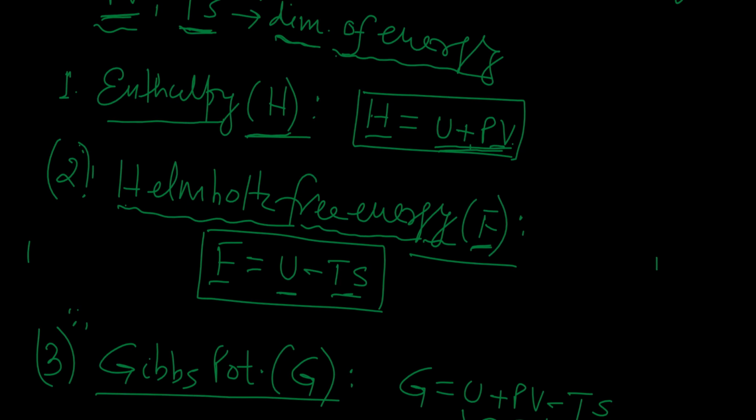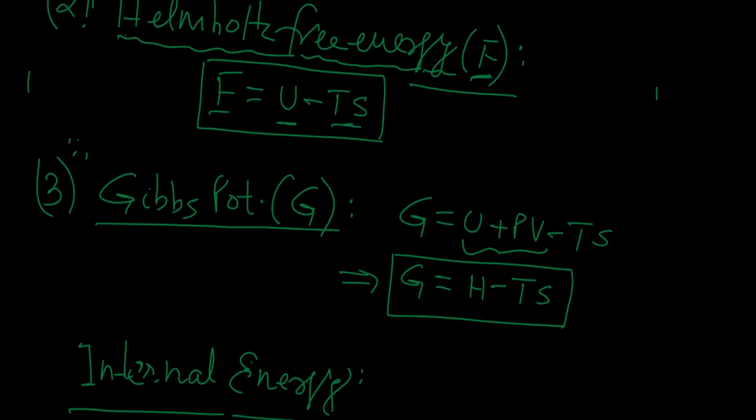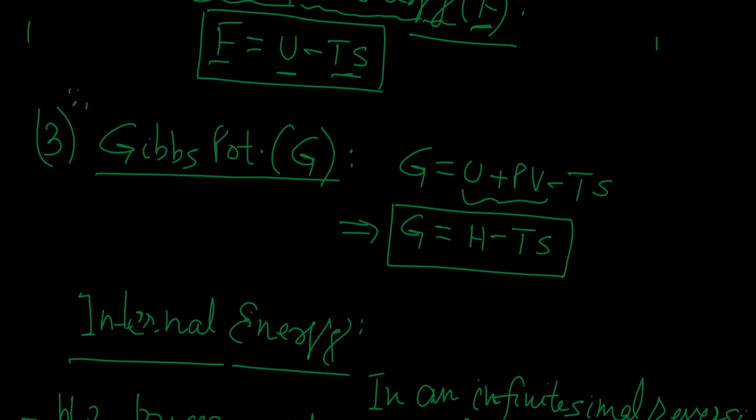The third thermodynamic potential is the most important thermodynamic potential, that is called Gibbs potential, and it is denoted by the symbol G. And G is in fact the combination of U with PV and TS both, as G is defined as U plus PV minus TS.